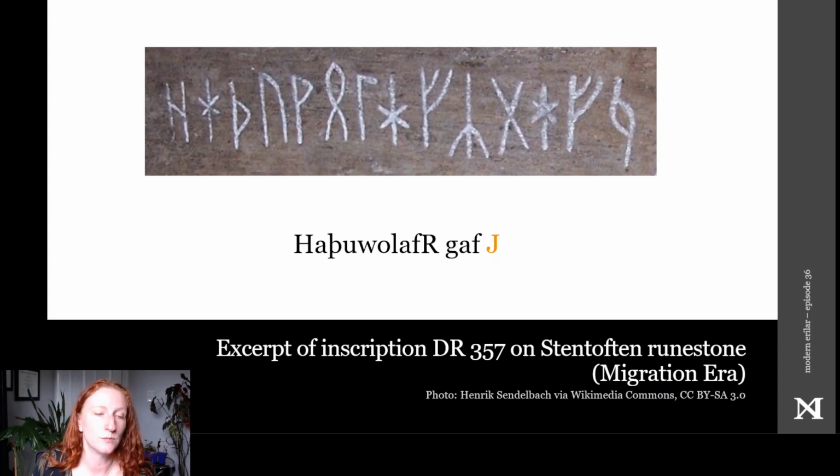The larger inscription, I'm only showing a phrase of it here, reads, "With 9 steeds, with 9 goat bucks, Hathawolf gave Jera," or good year, with the sense that this was a good annual harvest. The rune carver chose to depict this particular rune in a deliberately archaic style, perhaps for emphasis, and you'll see that emphasis is a common but not determining factor for ideographs.